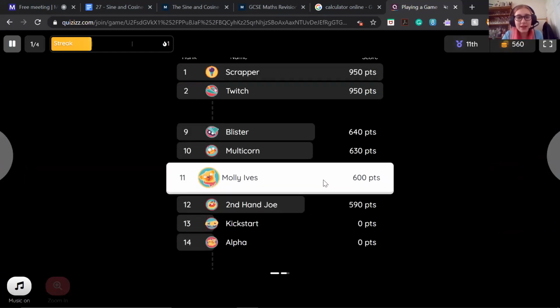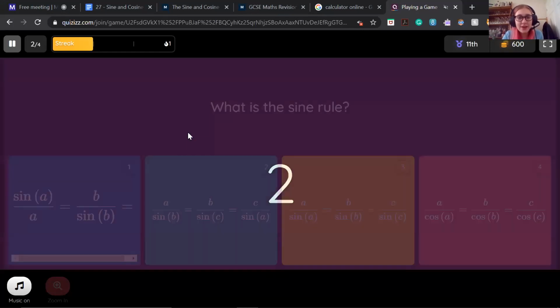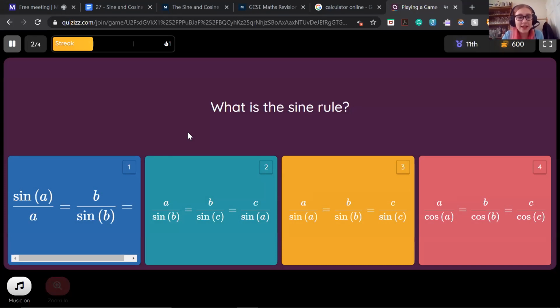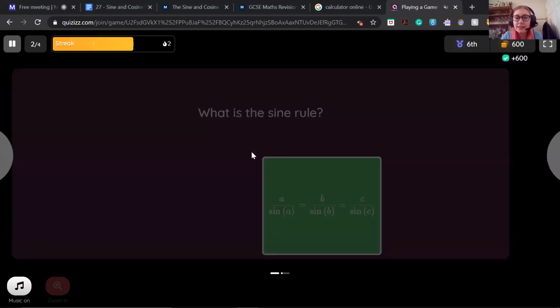Okay, people are on it. Then the sine rule. Remember we can do it in a couple of different ways. Someone asked what's the code? If you click that link I sent in the chat, it will take you to it. The correct one here is a over sine A, b over sine B, c over sine C.